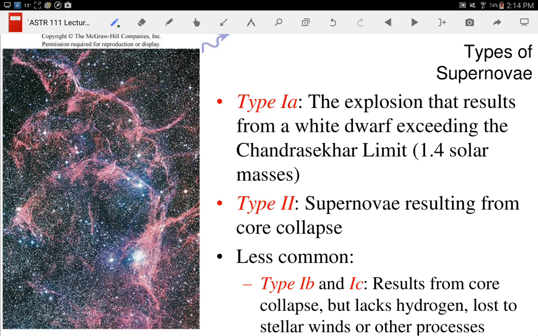The type 1s don't have hydrogen emission lines. Type 1b and type 1c are actually the collapse of a core, like a type 2 supernova, but they don't have hydrogen emission lines. For a class of our level, we simply won't worry about the type 1b and type 1c, right? It won't show up on your test.